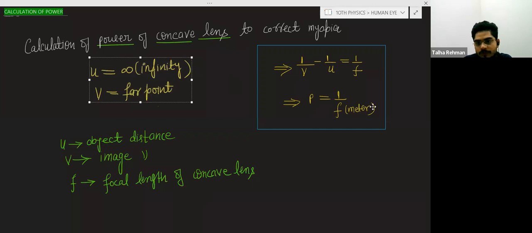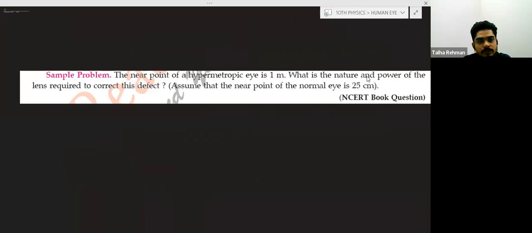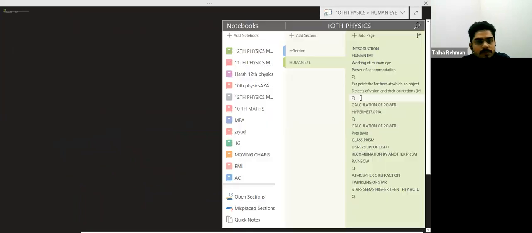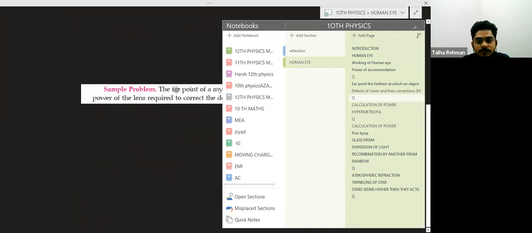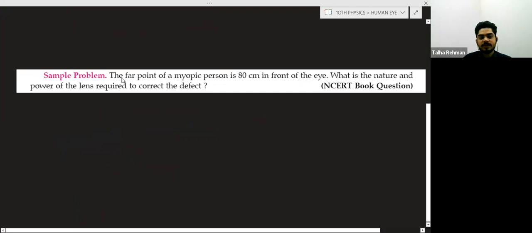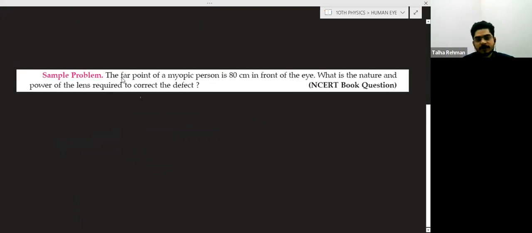Now we will solve this question from NCERT. They are saying the far point of a myopic person is 80 centimeter in front of the eye.